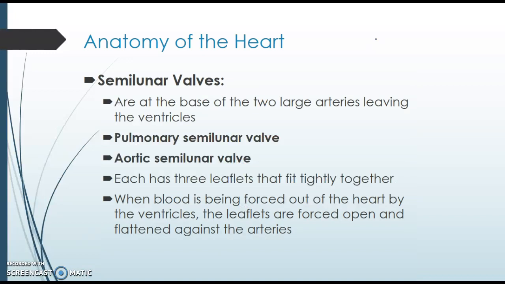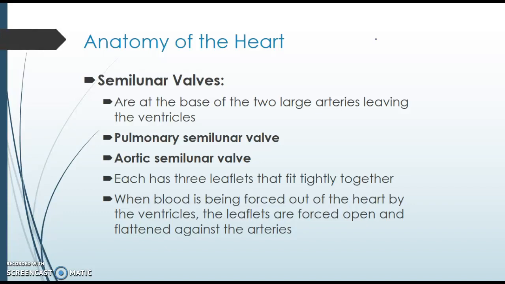All right, and then your other 2 valves are called semilunar valves, and you have one that is separating the right ventricle from the pulmonary arteries. That's called the pulmonary semilunar valve. And then the aortic semilunar valve is separating the left ventricle from the aorta.